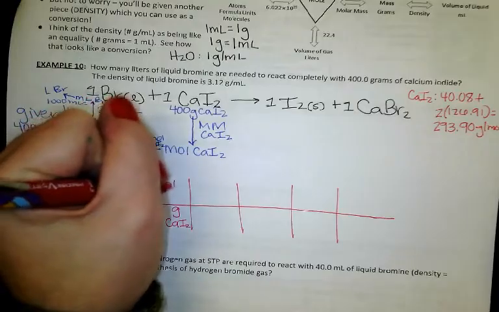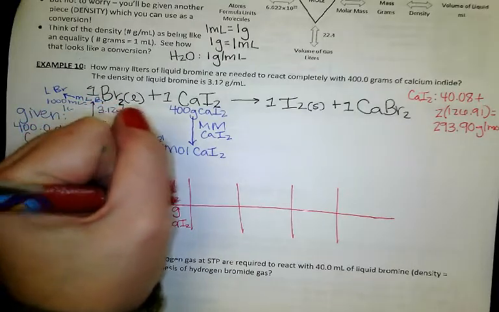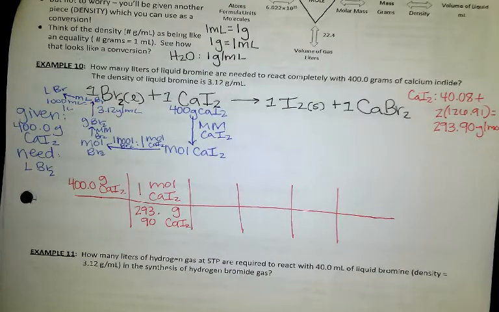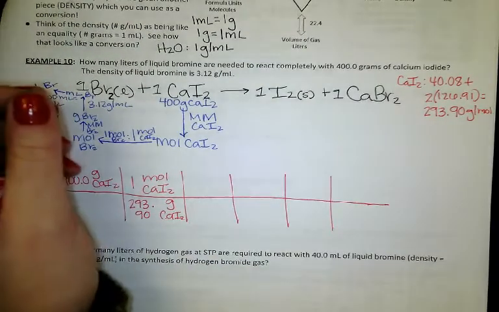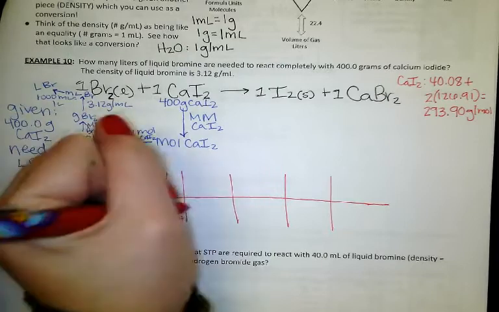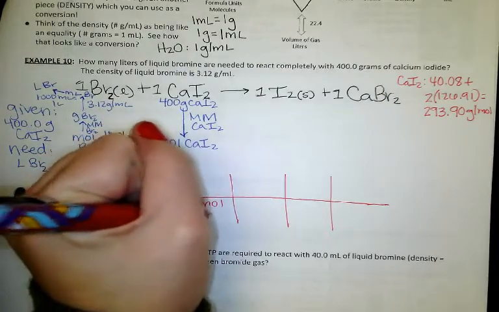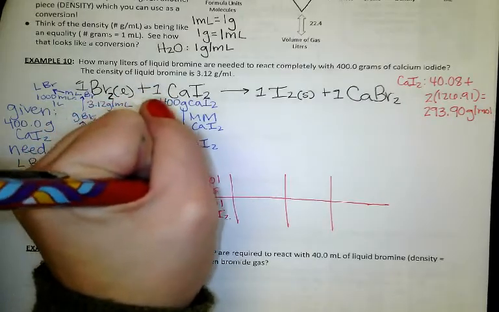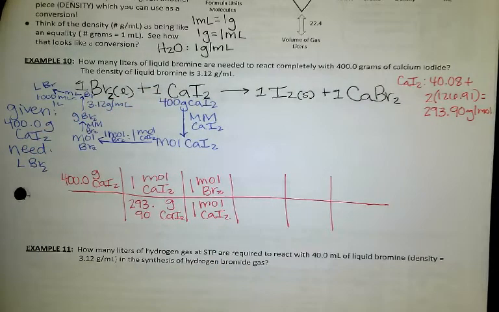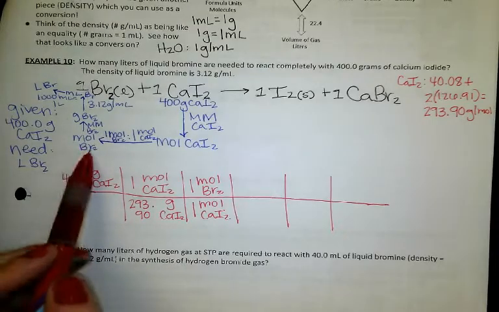Okay. Then I'm going to convert moles of calcium iodide to moles of bromine. Okay, so using our mole to mole ratio, 1 mole calcium iodide to 1 mole of bromine. Okay, so that will get us to moles of bromine. Now I'm going to convert moles of bromine to grams of bromine using the molar mass of bromine.